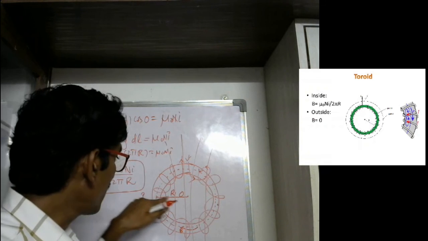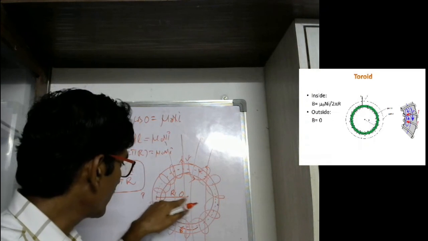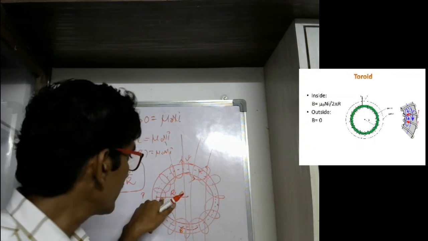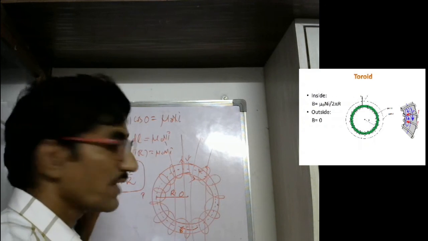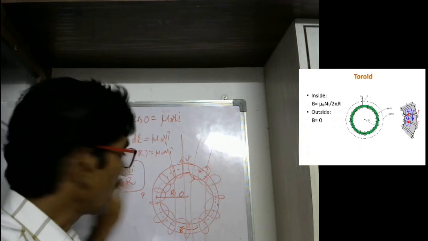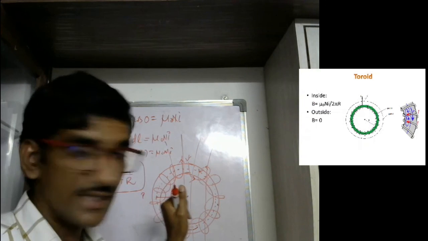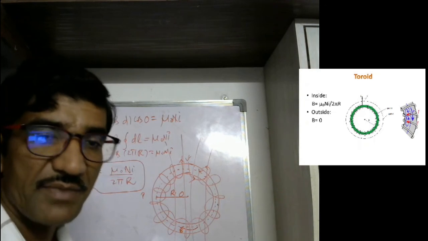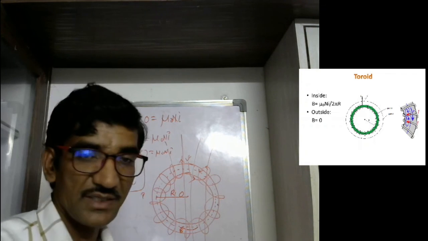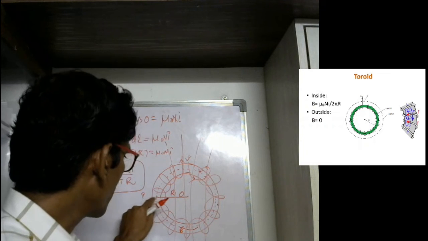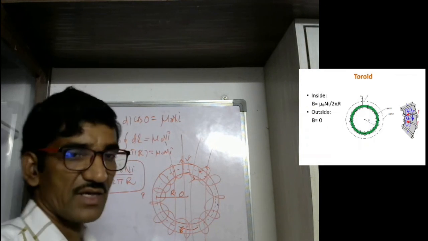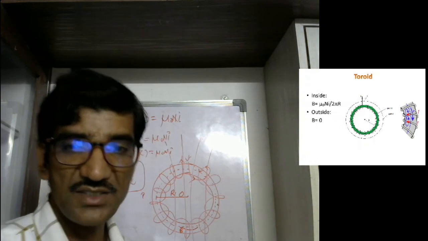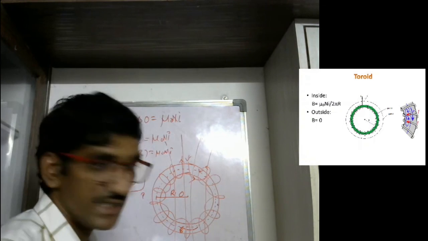As you decrease R, that means we are very near the inner part of the toroid, the B value increases. As you increase the number of turns or the current, the B value also increases. From here to here there is a change in B according to this formula, and it goes on decreasing from this point to this point. This is about the toroid's field.